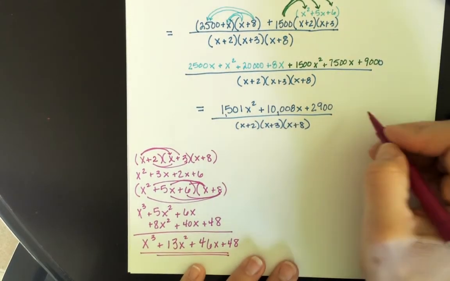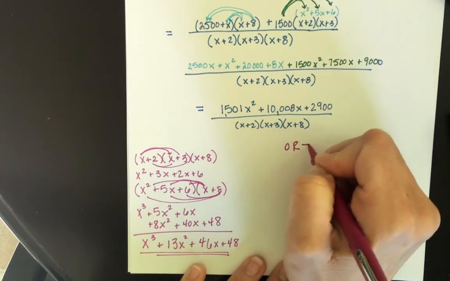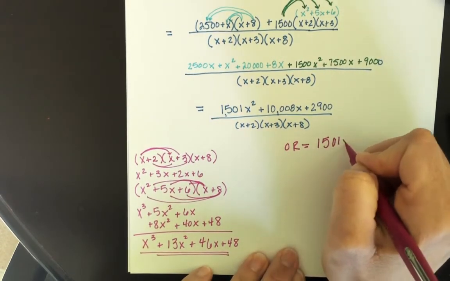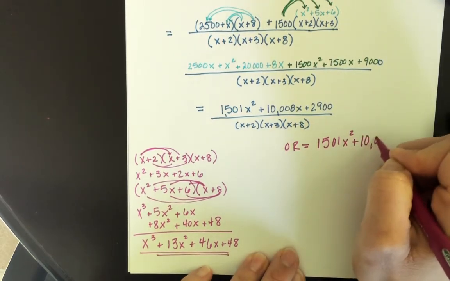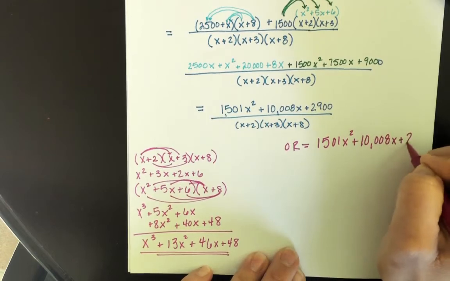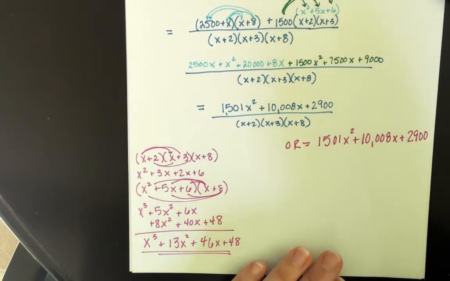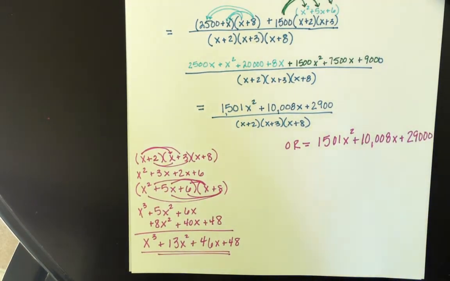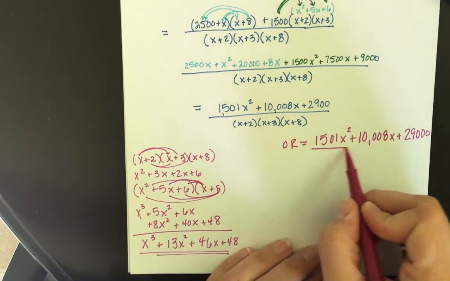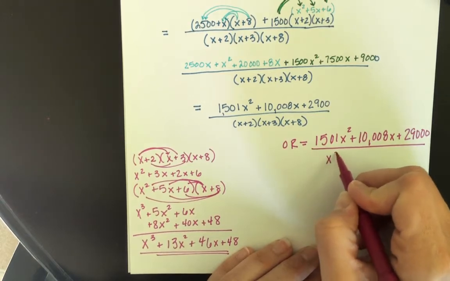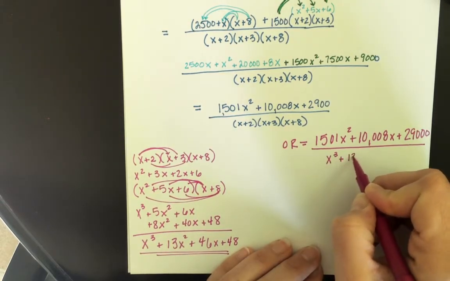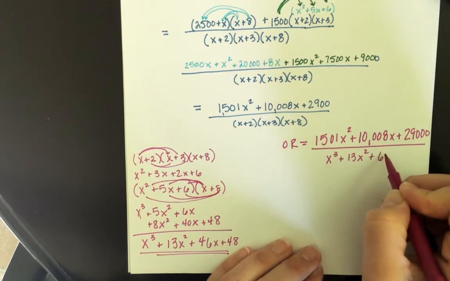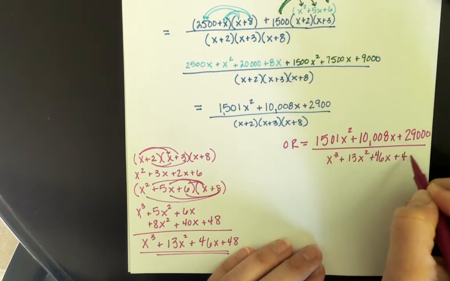So it could be this, or, I am hell-bent on not adding that last 0 for whatever reason, and then over x cubed plus 13x squared plus 46x plus 48.